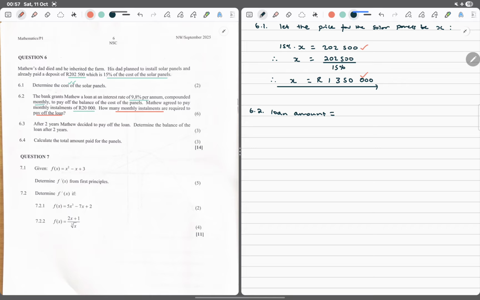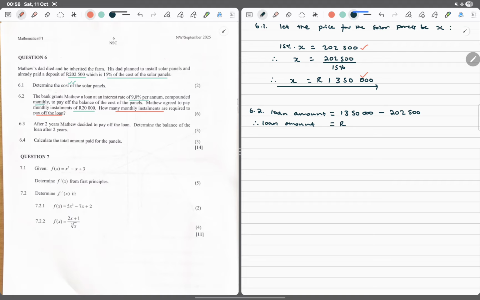The loan amount is going to be this full amount that we need to pay minus what was paid already. So we know that the loan amount is going to be what we see there. So 1,350,000 minus 202,500.